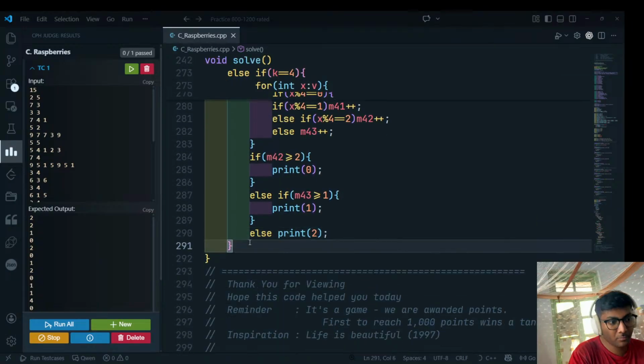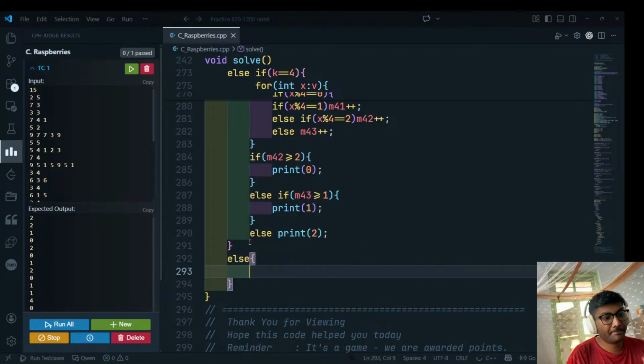Now let's do for 5. If k is 5, then the idea was that we will calculate the distance from 5 and 10 of every integer that is being multiplied.